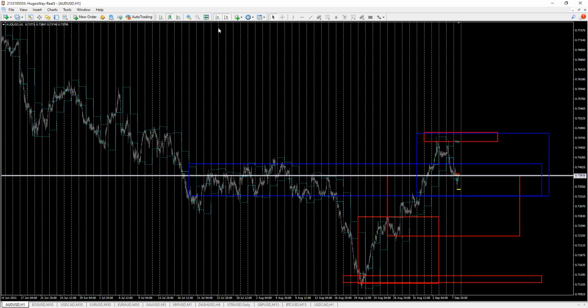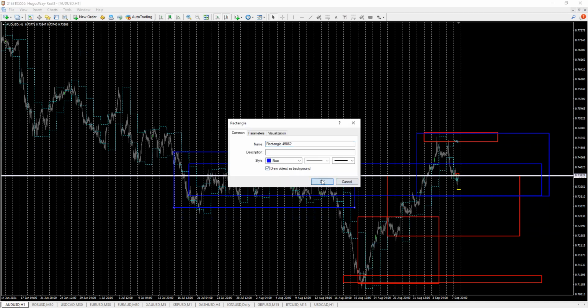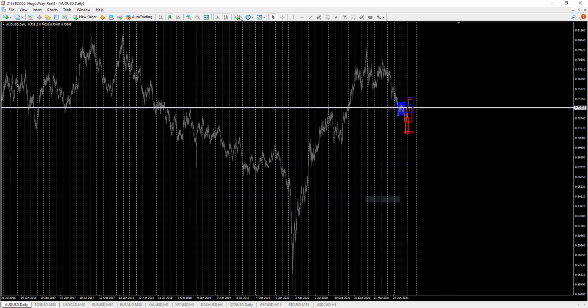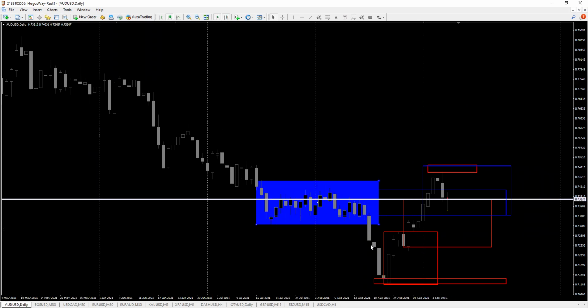I do this like the back of my hand, but of course it takes some practice. There are the 3 levels right there, seen the same exact way off the daily, and you can see that consolidation. This is that consolidation we saw. When I go back to the daily here, that's that consolidation level.